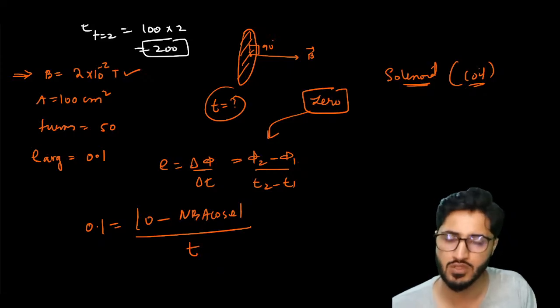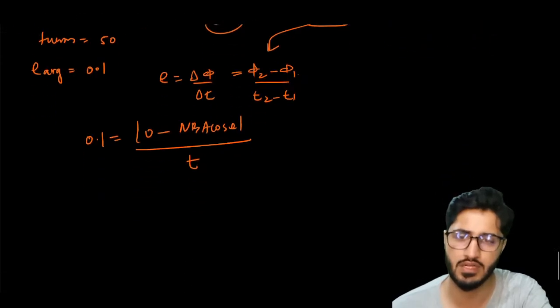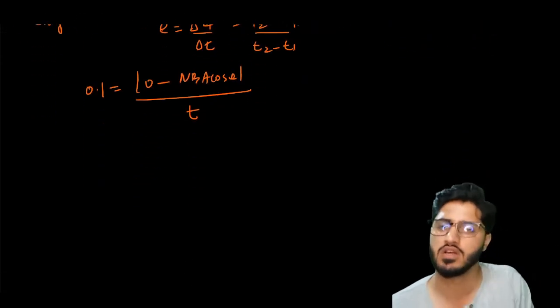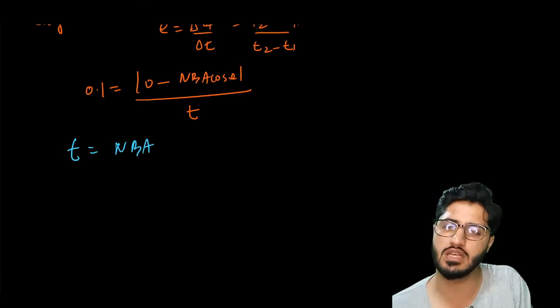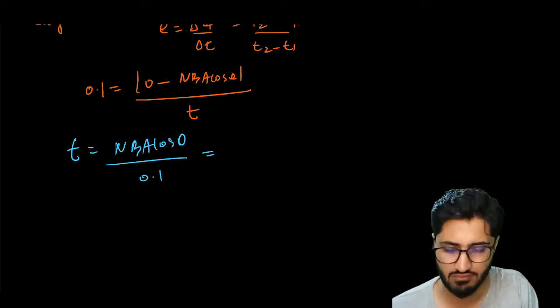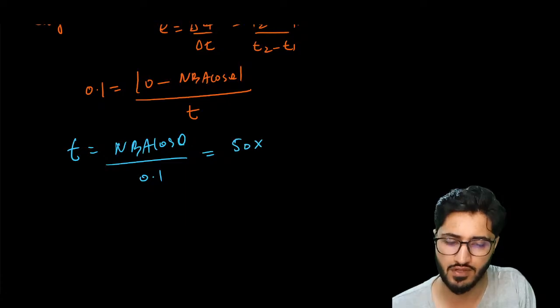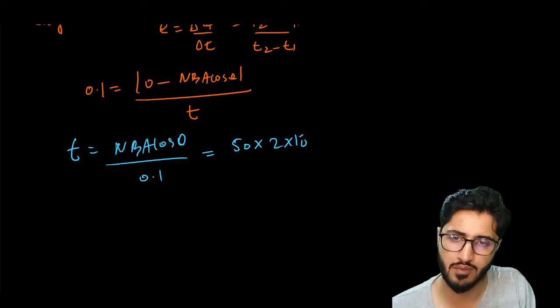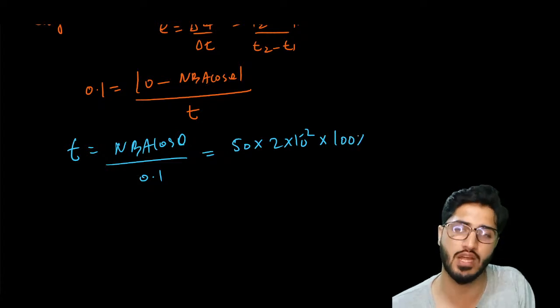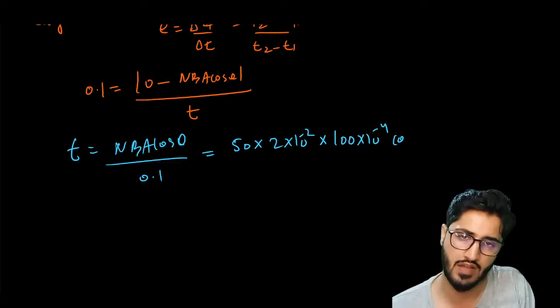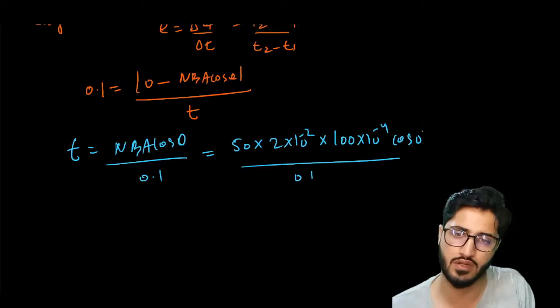Yes, sir. So now, can I write one more thing now? Look, I can write T equals NBA cos theta divided by 0.1. What is N? I guess N is 50. Yes, sir. What is B? 2 into 10 to the power minus 2. What is A? 100 centimeter square, that means 10 to the power minus 4. We are having cos 0 degree divided by 0.1.